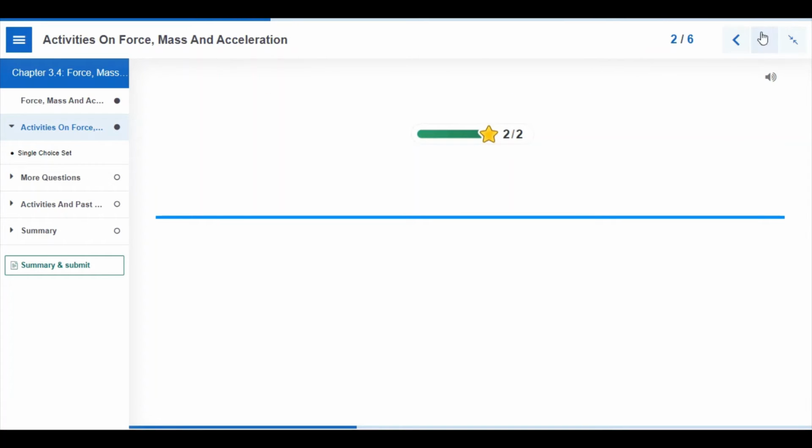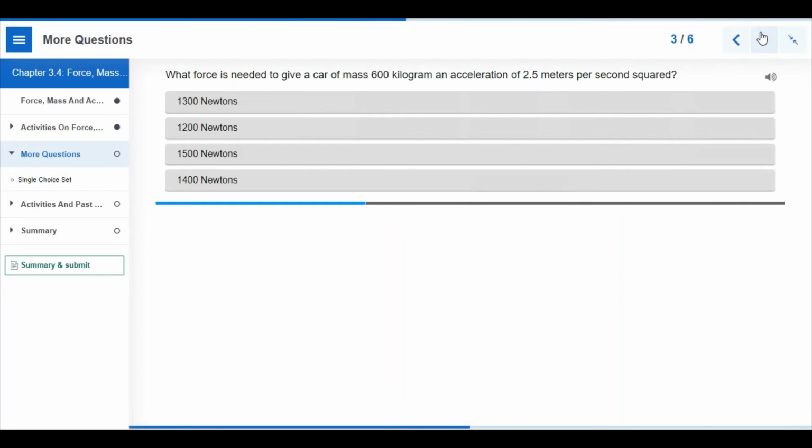Now let's move on. What force is needed to give a car of mass 600 kilogram an acceleration of 2.5 meter per second squared? So force is still the same in its approach, force is equal to mass times acceleration.